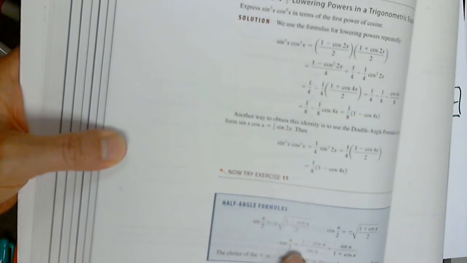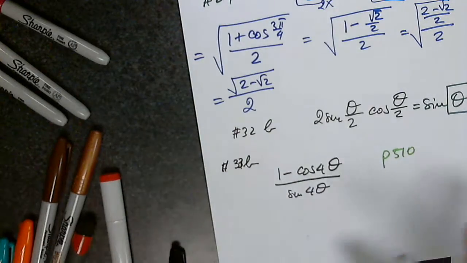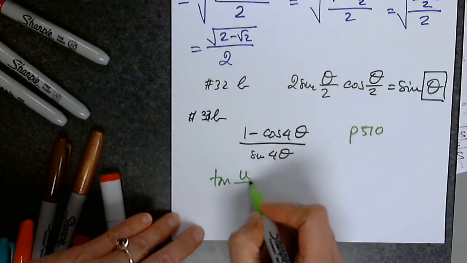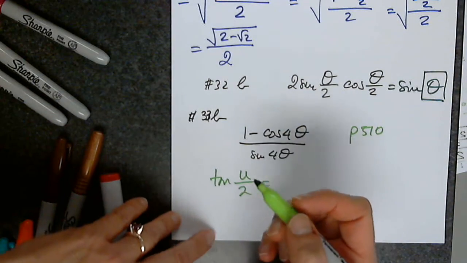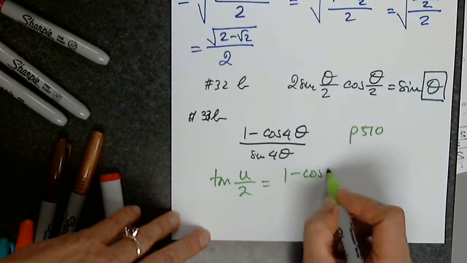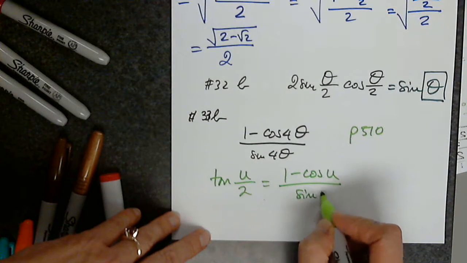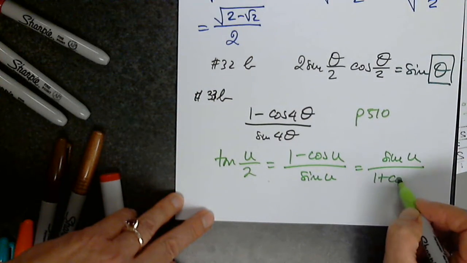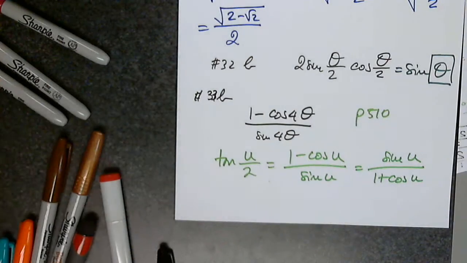I'm going to give you this formula. I'm not asking you to memorize it. So let's write it down for now. So tangent u over 2 equals, and there are 2 in there, 1 minus cosine u over sine u, or sine u over 1 plus cosine u. This will be given to you.